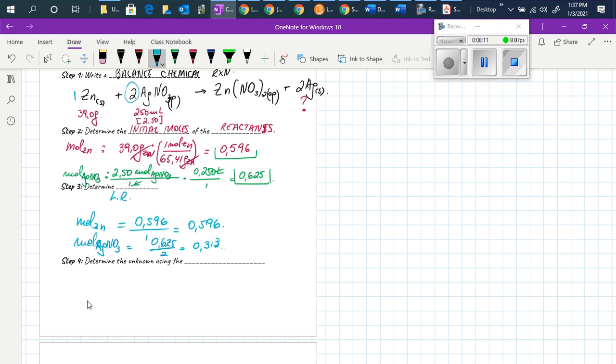The number of moles for silver nitrate is smaller, therefore silver nitrate is the limiting reactant.